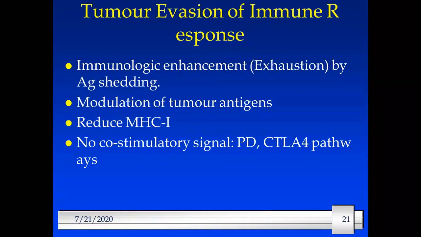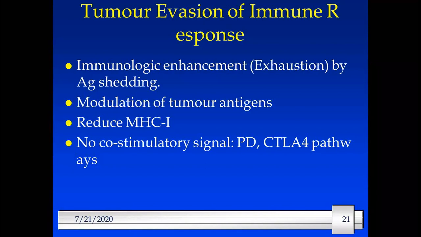This means some tumors continuously shed antigens, and these antigens are non-protective, and they are only responsible for exhaustion of the immune system, and thus the tumor will grow away from the exhausted immune system.